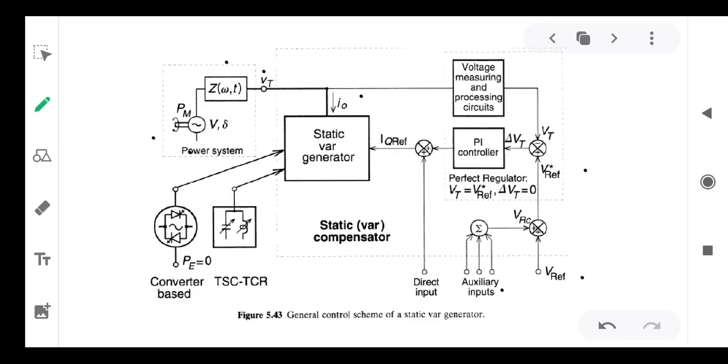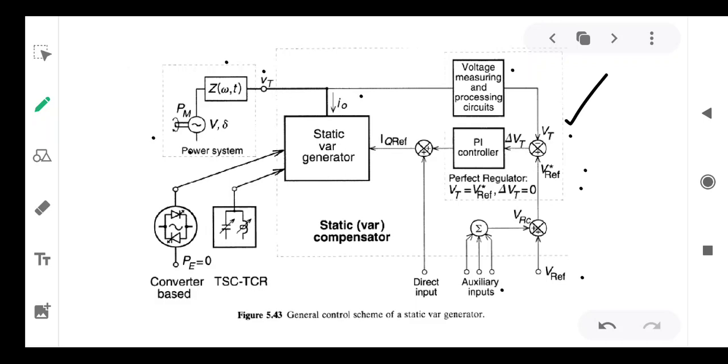I0 is the current through the static var generator, SVG. From voltage and current measurement units, you will get the Vt value, terminal voltage value, and reference minus Vt, you will get delta Vt. That delta Vt is passed through the PI controller.